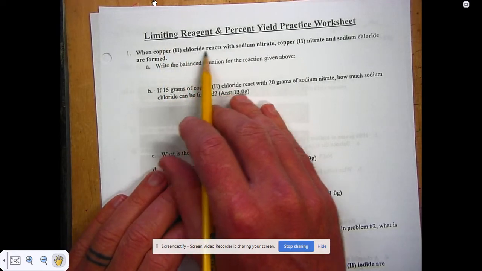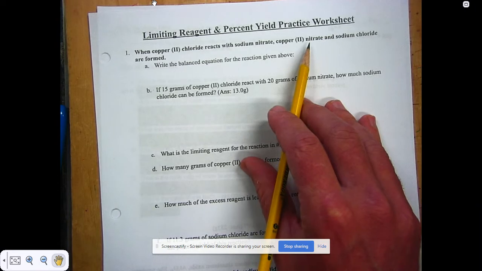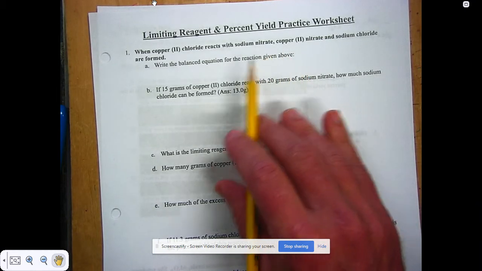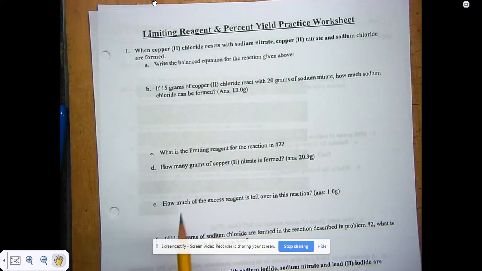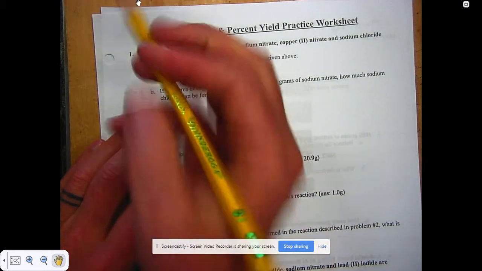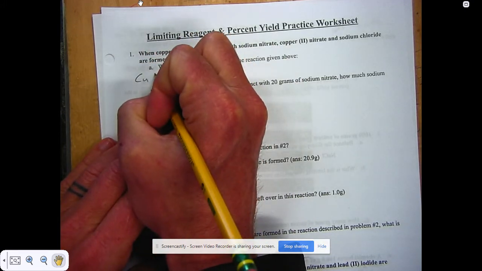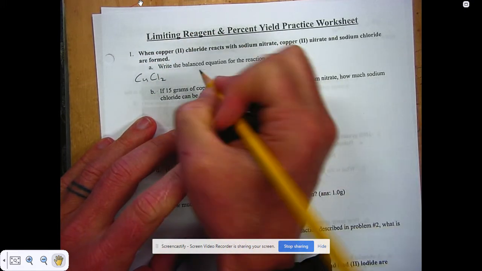When copper 2 chloride reacts with sodium nitrate, copper 2 nitrate and sodium chloride are formed. So the first thing we're going to need to do is write a balanced equation for the reaction. So we've got copper 2, which has a charge of 2 plus, so we're going to need 2 chlorides.